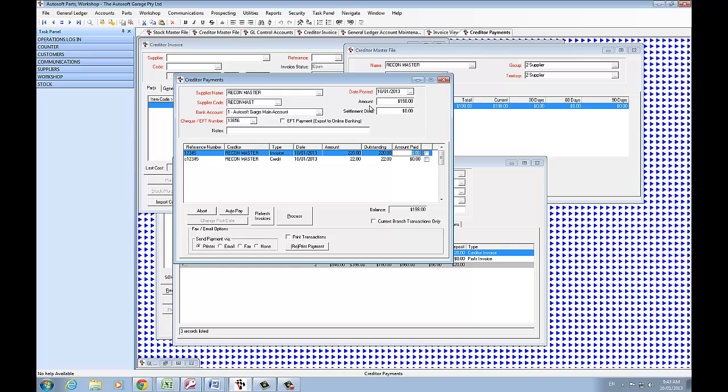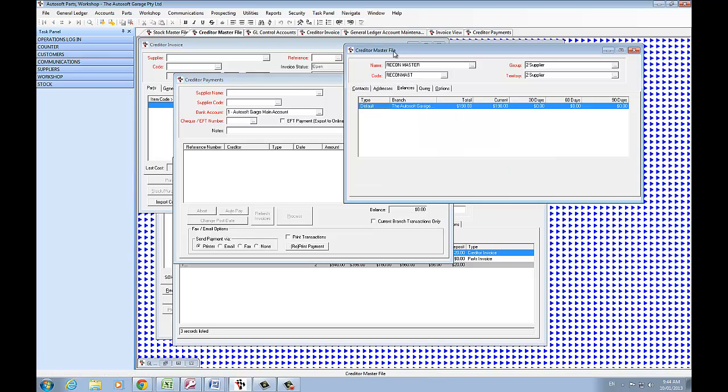But it's most likely you're running a trade account with them and you're only having to pay the $198. All you need to do is tick off the two items here, and that clears the amount out. So we only paid the 198 because we got the credit back on the core item.